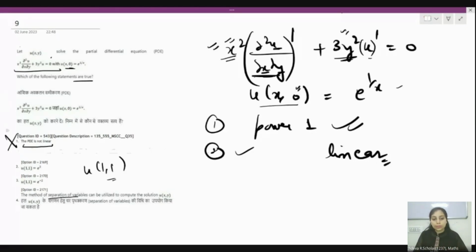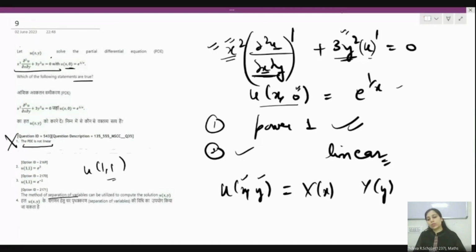Let's have a look. In the separation of variables method, we write the solution by separating the terms of x and y: X, a function of x, and Y, a function of y. Let us assume the solution with the x part on one side and the y part on the other, multiplied together.